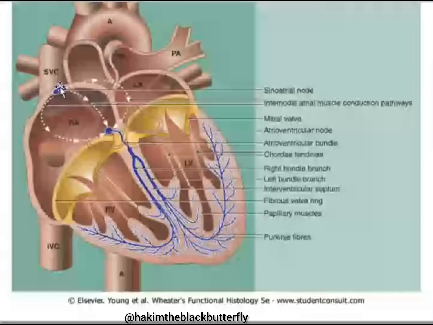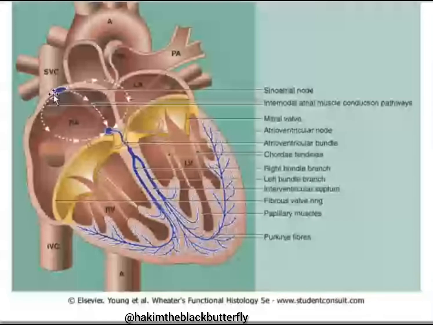That's where we have the sinoatrial node, creating waves of contraction, which move as depolarization waves. You have seen that when an electrical current is moving on the membrane of cells, it depolarizes those cells. That's how an electrical current moves.